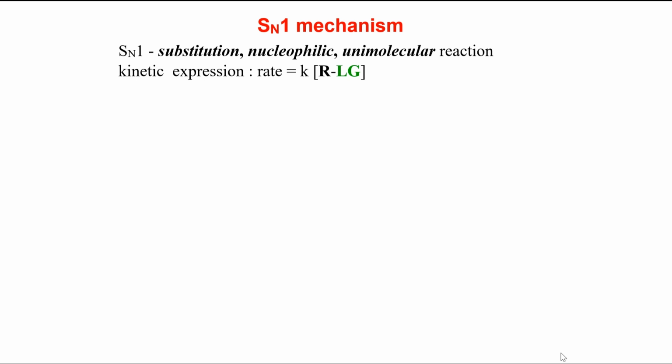Why is it so? To explain this kinetics, the SN1 mechanism has been put forward. It says that it undergoes reaction in multiple steps. SN1 mechanism is thus a multi-step mechanism.